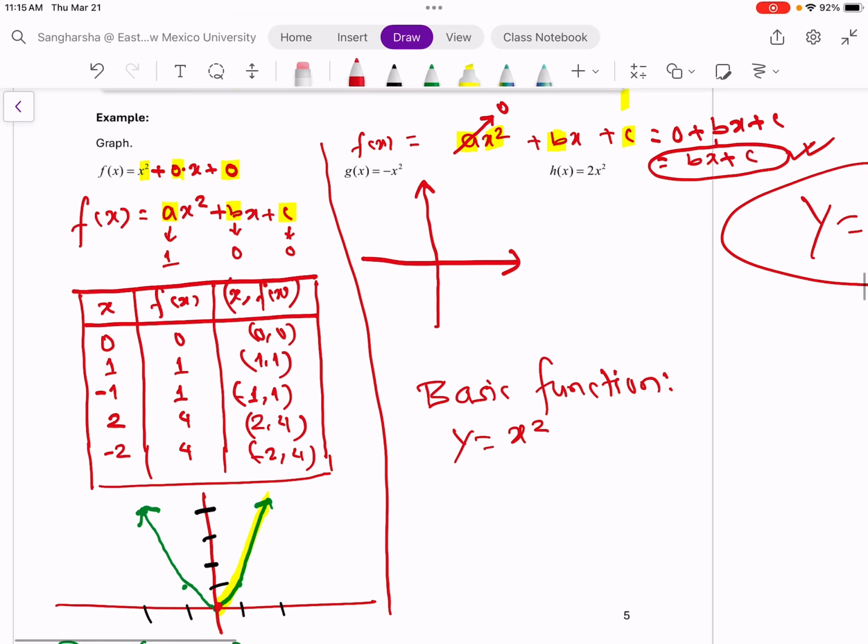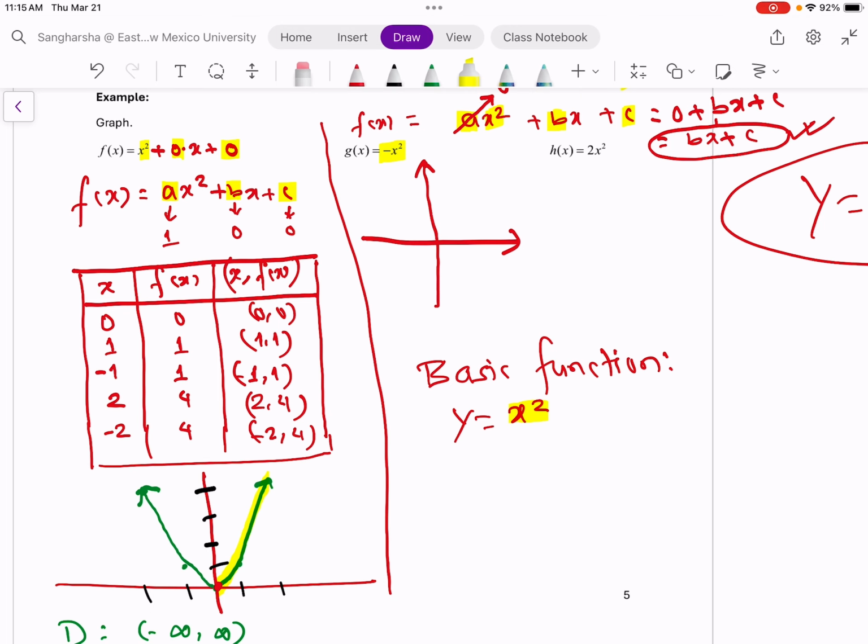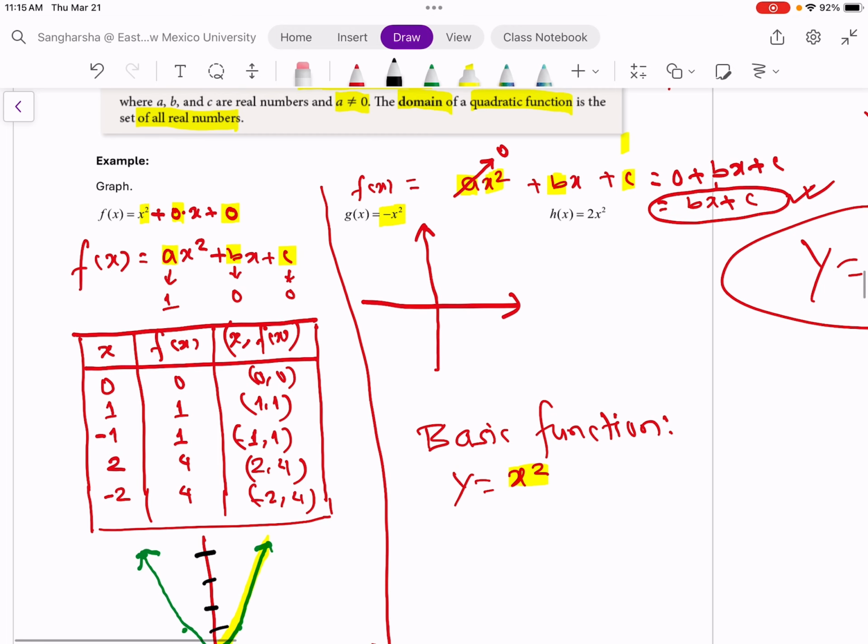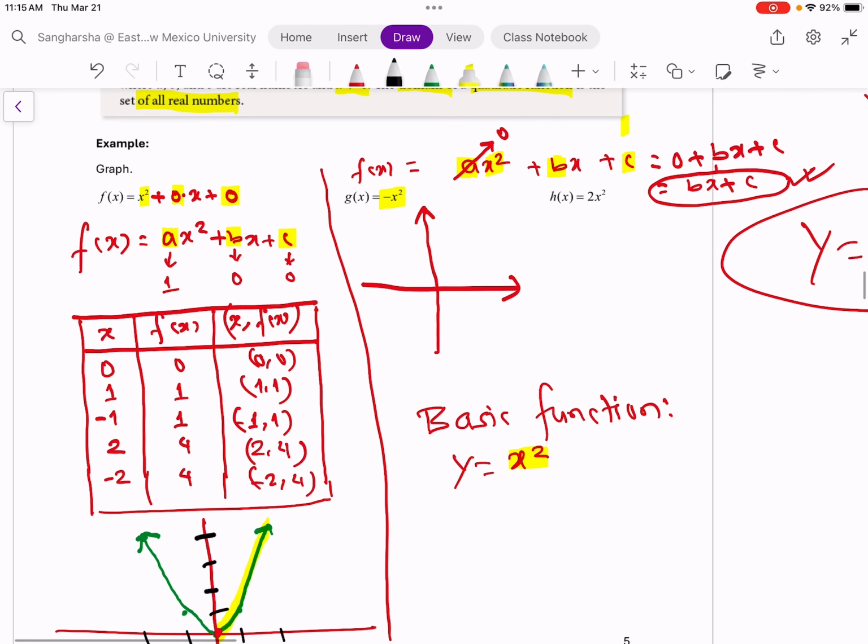Now how do we get negative x square from this basic function x square? What do we have to do? What does that mean to the graph? What happens if you multiply a function by -1 to the graph? There is a reflection across the x-axis. Let me draw a graph for the basic function, which we already know from the first example.